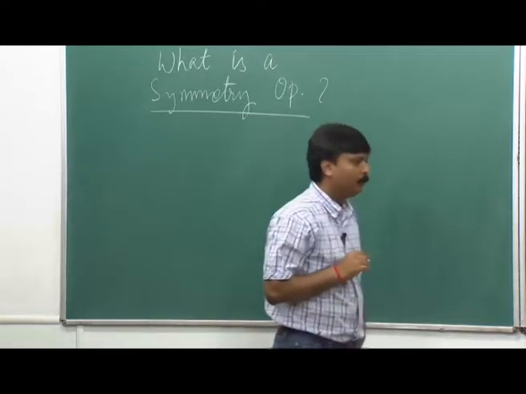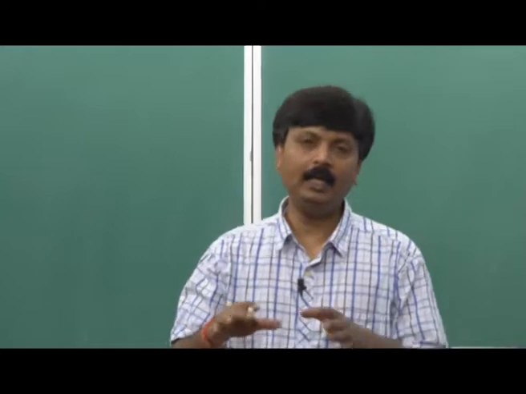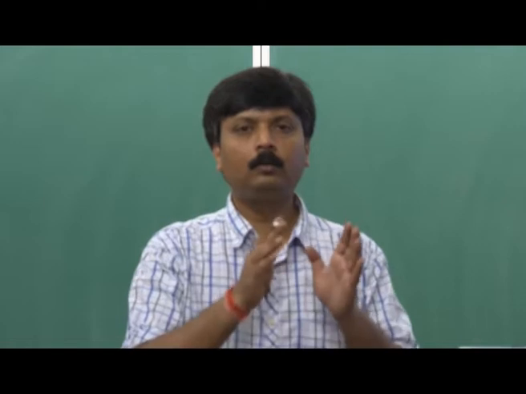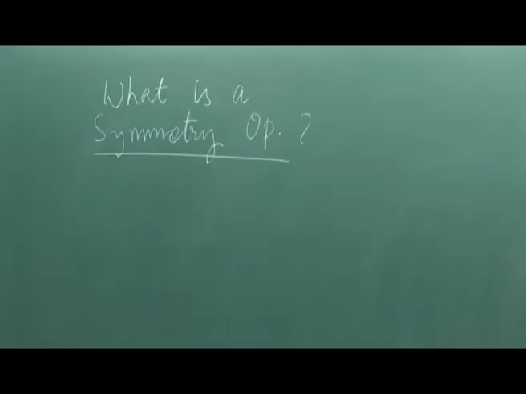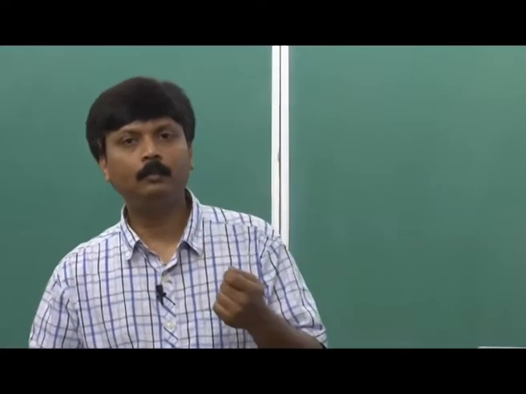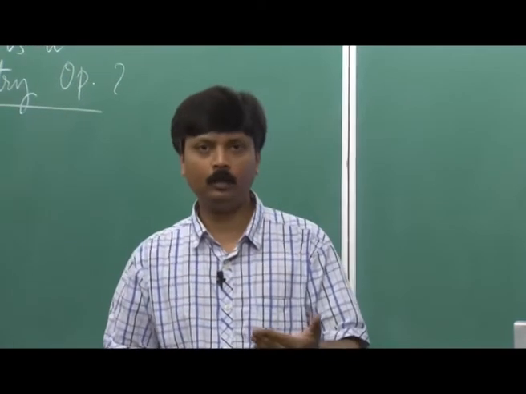So, a symmetry operation is a movement by which any object can go from one configuration to an equivalent or even identical configuration. So, when I say equivalent, I can for sure use the term that under this movement the object goes from a particular configuration to another indistinguishable conformation.